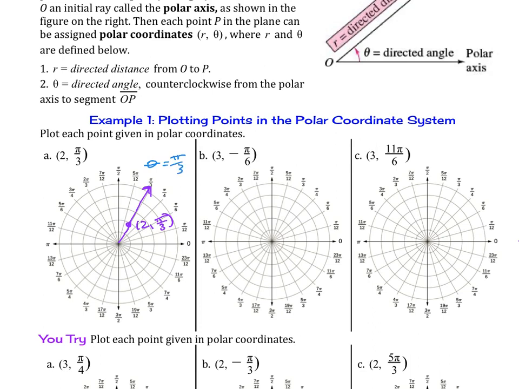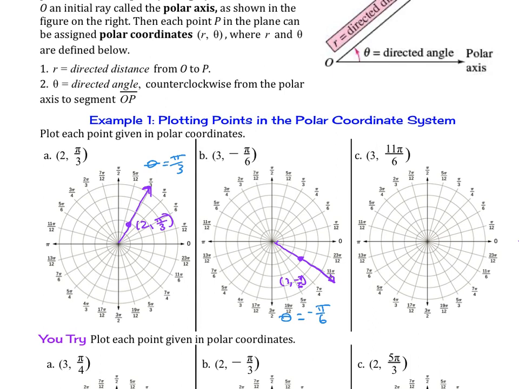So let's try the other one. 3, negative pi over 6. So 3 rings out, 1, 2, 3, and negative pi over 6 is right here. And then we draw this here. And now we have 3 comma negative pi over 6 as this point, and we know that our angle theta is negative pi over 6.